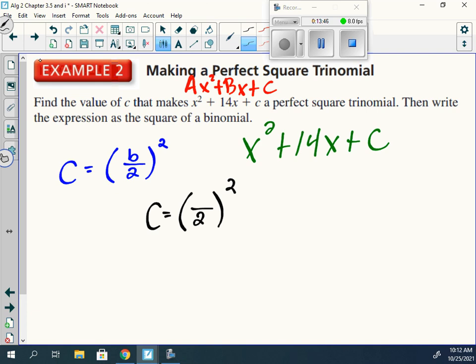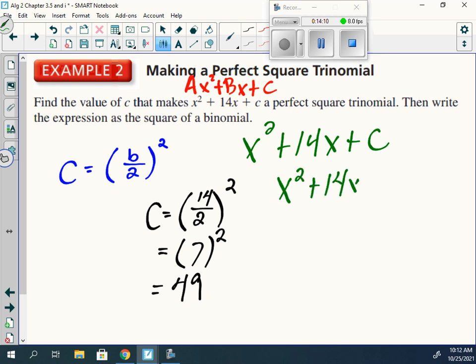What is the value of b? Is it positive or negative? Positive, because when we take the value of b, we will take the sign with it. Okay? 14 divided by 2 is 7, and 7 squared is 49. So our perfect square trinomial would be x squared plus 14x plus 49.